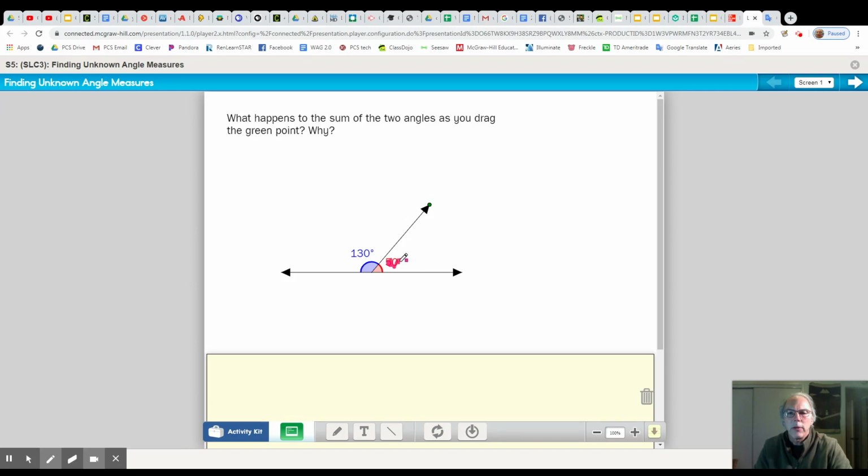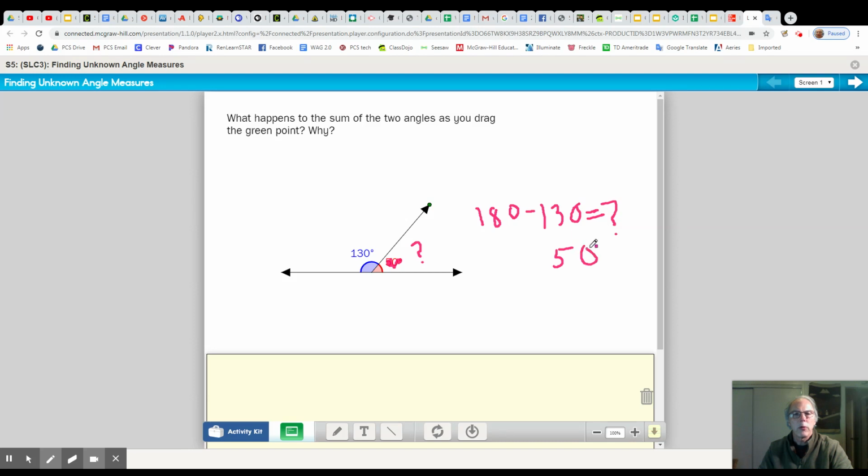If a problem asks, what is the measure of this missing angle, you would solve it by writing the equation with an unknown: 180 degrees minus 130 equals your mystery angle, which is, of course, 50 degrees.